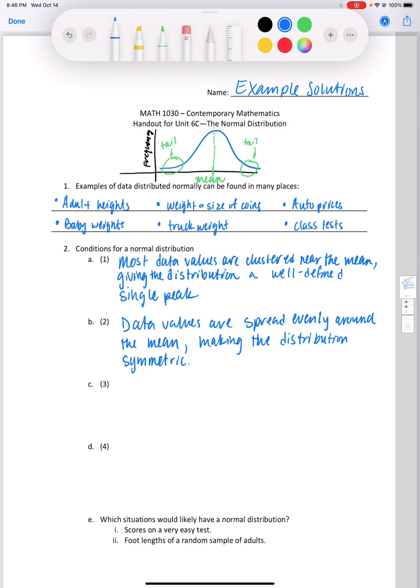Number 3, larger deviations from the mean become increasingly rare, producing symmetric tapering tails in the distribution.